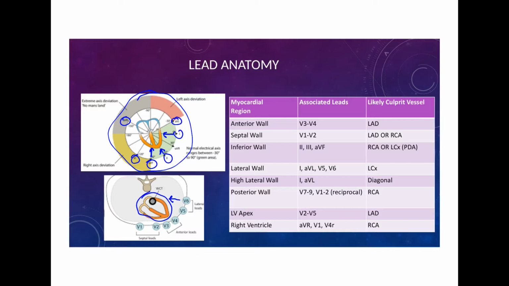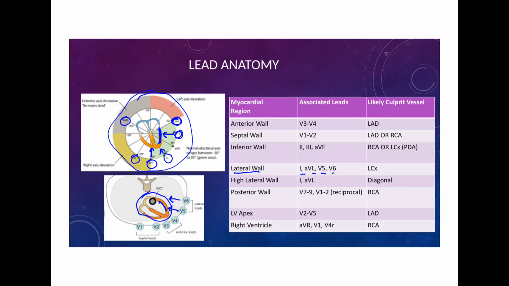So this lateral wall of the heart, left lateral wall, it's closest to the leads 1 and AVL in the frontal plane, and it's closest to the leads V5 and V6 in the coronal plane. So that's why we say that the lateral wall is associated with the leads 1, AVL, V5, and V6.